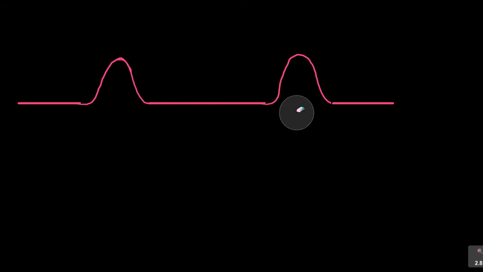Okay, let me make it actually a different amplitude. Let's say this particular pulse is bigger than the other pulse, and then let's call the amplitude of this pulse from here, let's say A. Remember, what is the amplitude?